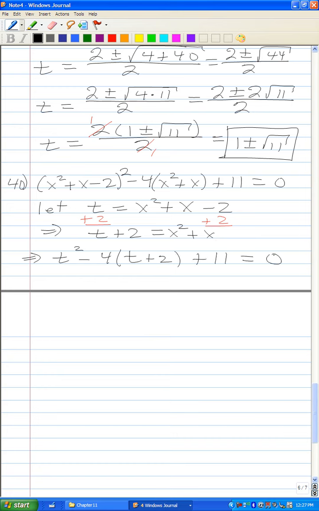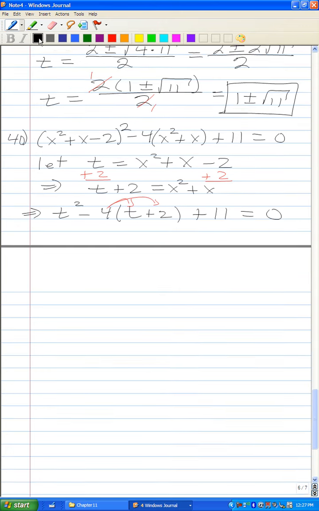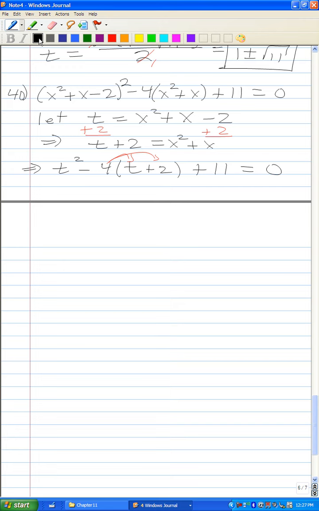And so now in terms of the new variable, I have that equation. Let me multiply the negative 4 inside the parentheses. And so I get t squared minus 4t minus 8 plus 11 equals 0.